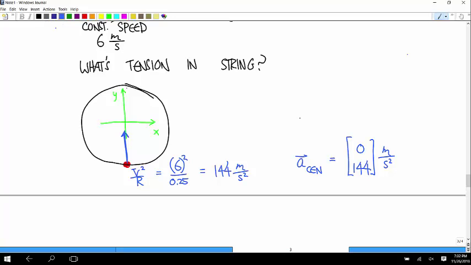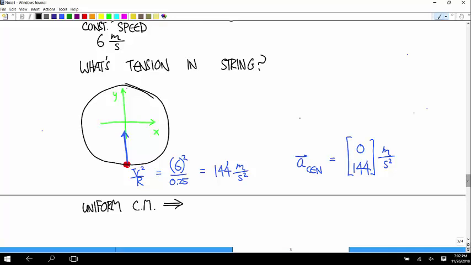Now what about the tangential acceleration? There isn't any because this is constant speed. So it's uniform circular motion.